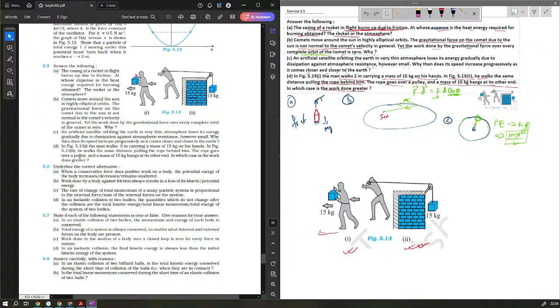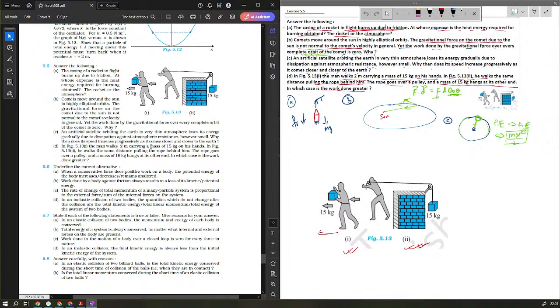Now in the fourth case, in Figure 5.13, the man walks 2 meters carrying a mass of 15 kg in his hands. In Figure 5.13(b), he walks the same distance pulling a rope behind him. The rope goes over a pulley and the mass of 15 kg hangs at its other end. In which case is the work done greater?